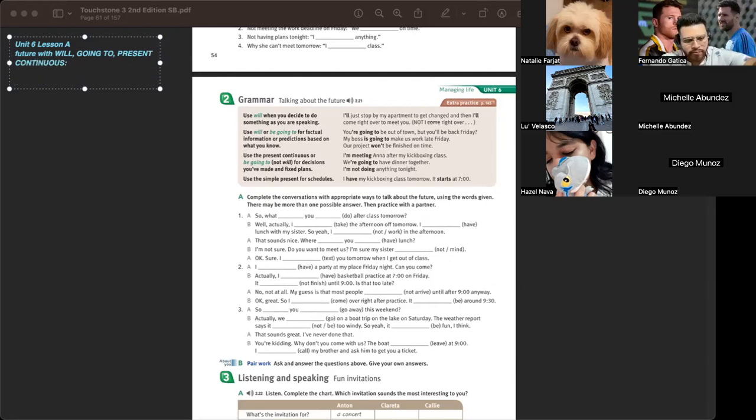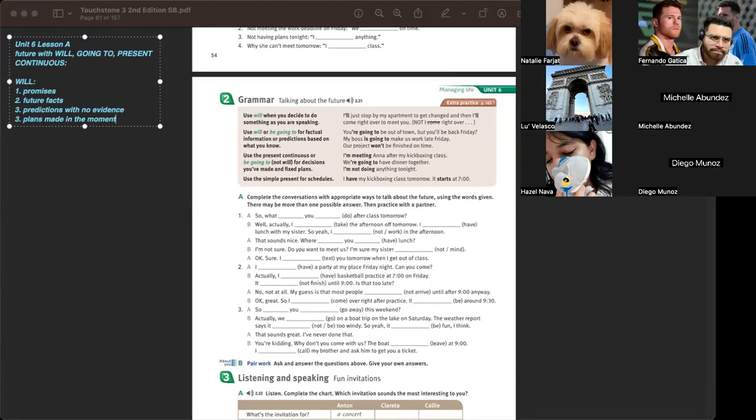First, let's talk about will. Remember, we use will for promises, future facts, predictions with no evidence, and plans made in the moment. Plans made in the moment.